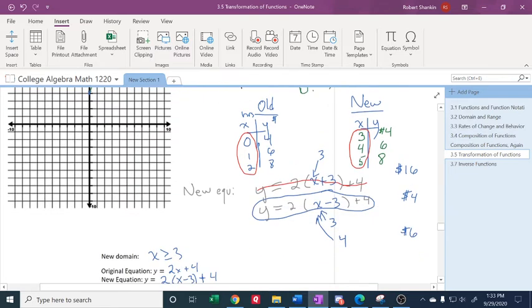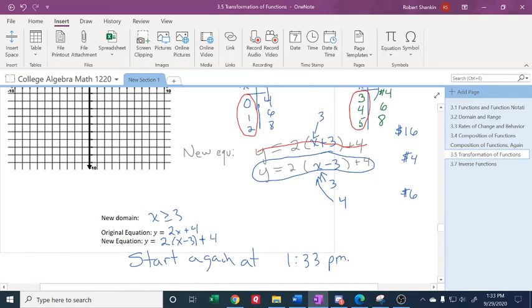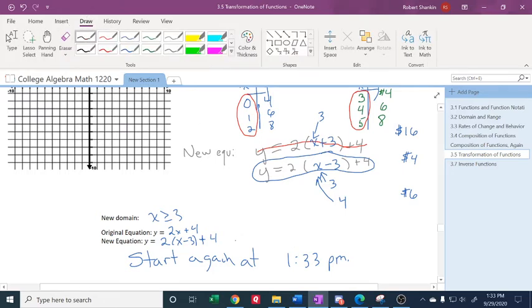When we take this, if we simplify this expression, this becomes 2x minus 6, we distribute the 2, plus 4, which is 2x minus 2.